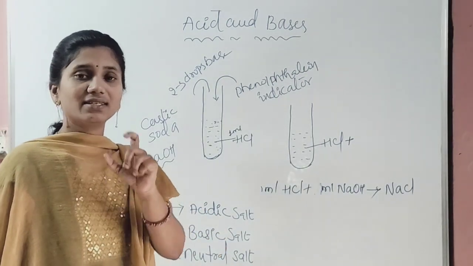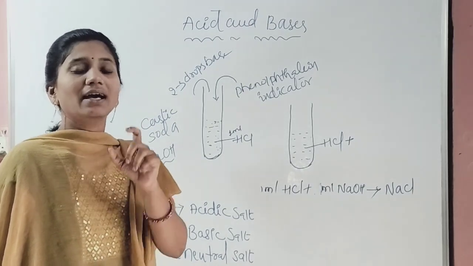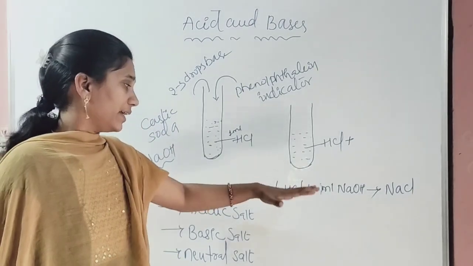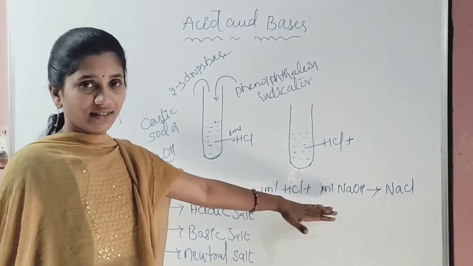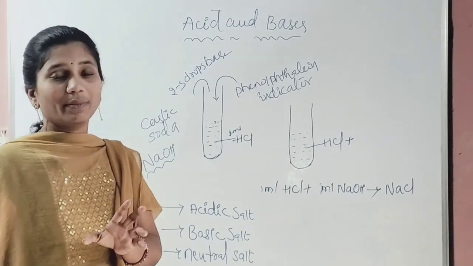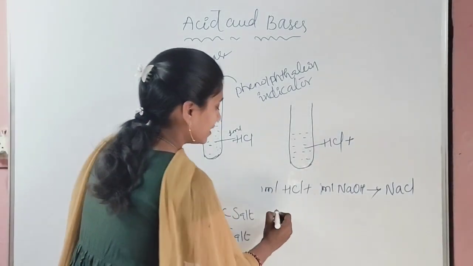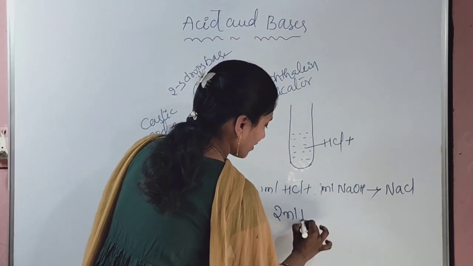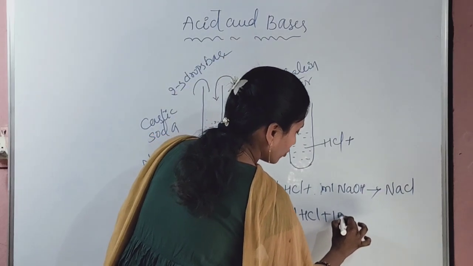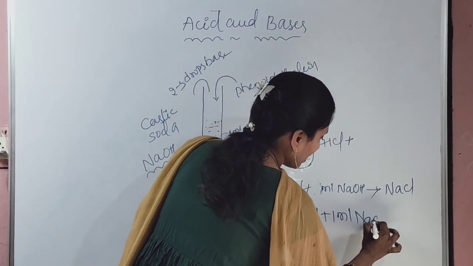In acidic salts, what do we observe? The base and acid will mix with each other, but here the acidic strength is more. For example, they have taken 2 ml of acid and only 1 ml of NaOH.